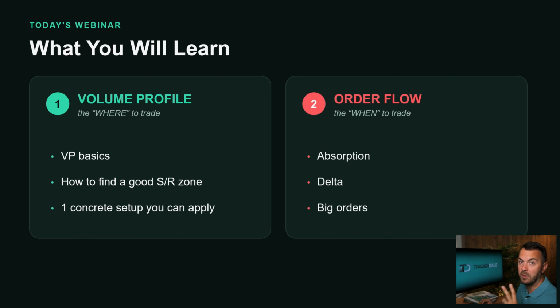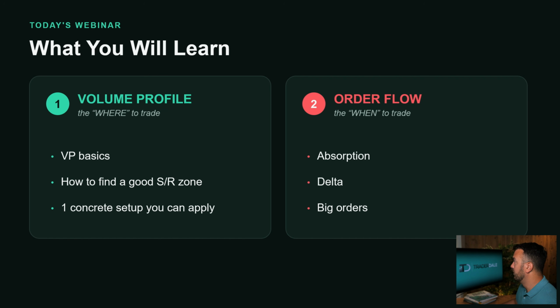So today we'll talk about two things and combine them. We'll talk about volume profile, which will tell us where to trade, and we'll also cover order flow, which will tell us when to trade, the timing.